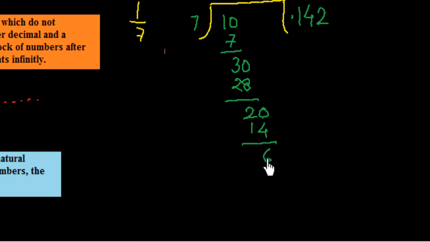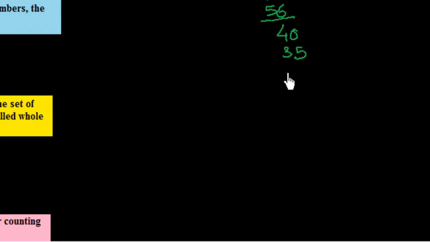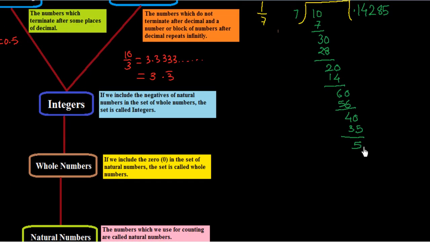Now 6 remains, we get 0. 7 8 times it is 56. It is 4 remainder now. It is 5 times 35. Remainder 5. It is 7 times 49.